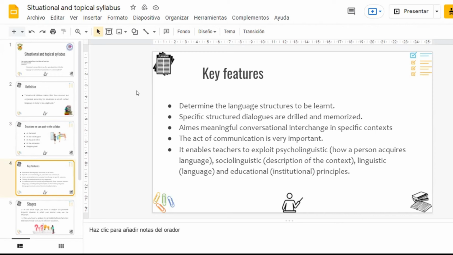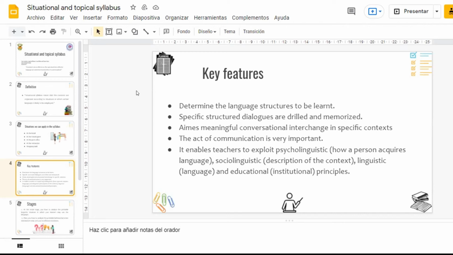Also, because they are chunks, they are specific. We have specific structures that students have to memorize, and therefore you have to drill a lot for them to get that knowledge. Also, it aims at meaningful conversational interchange in specific contexts.